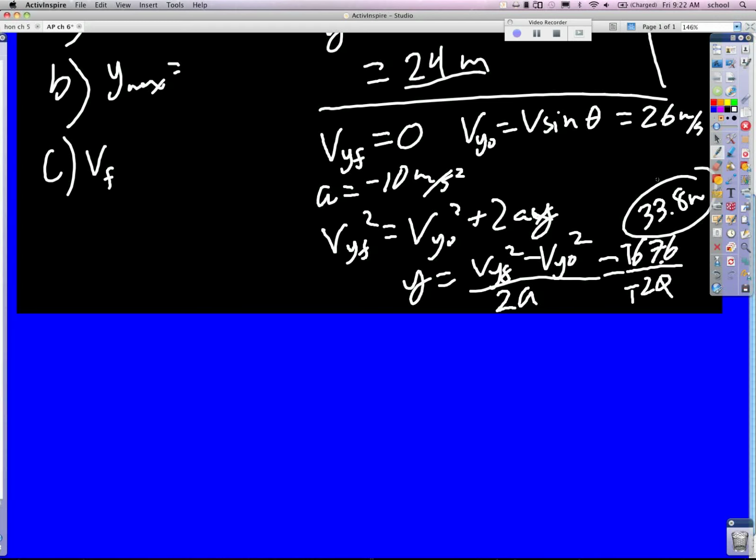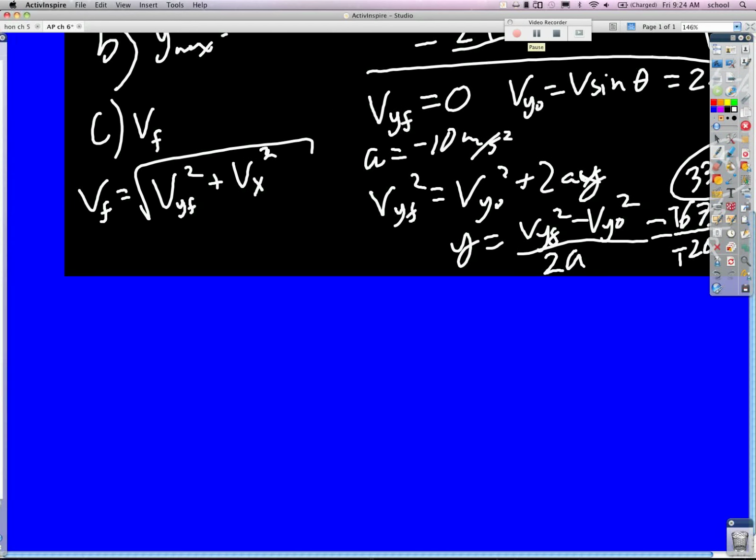Just ask yourself, how do I find the final velocity of an object that's under acceleration given an initial velocity? There you go. So Vy final is going to equal Vy0 plus at, and we know Vy0 to be V sine theta.